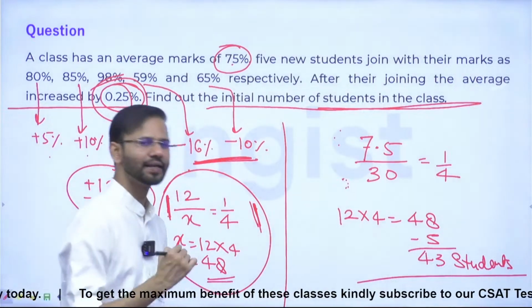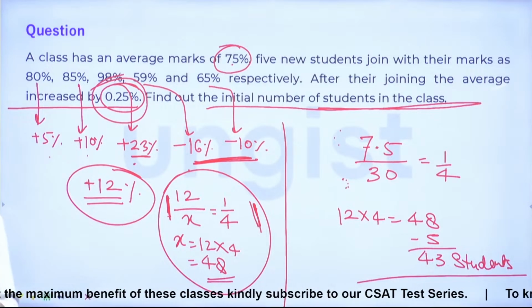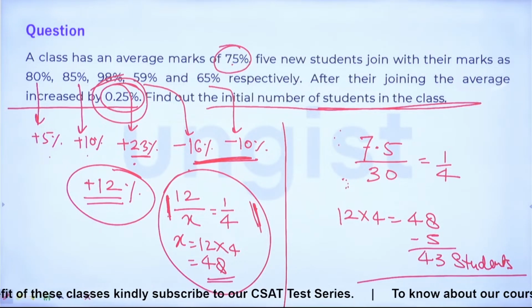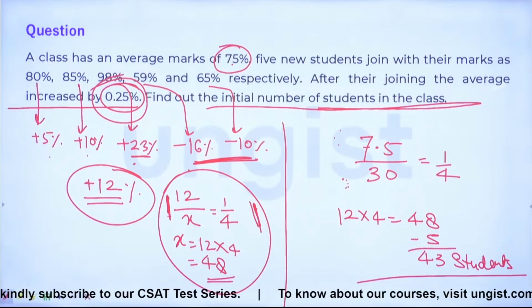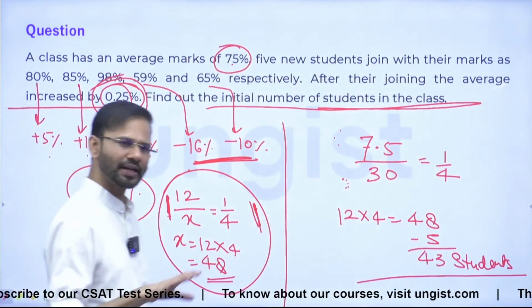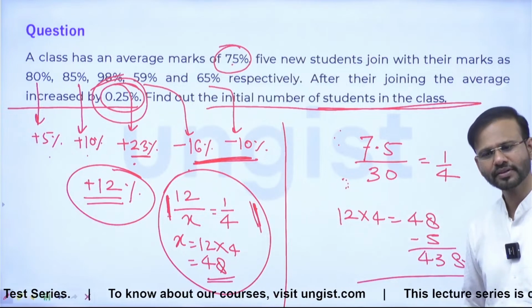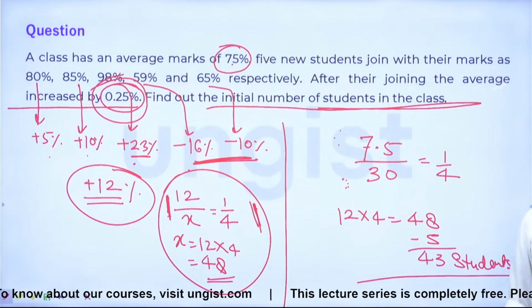Guys, any doubt, any query, any confusion? Everyone, the final answer is 43 students. Any doubt, friends? Any query, any confusion, any problem? Clear?